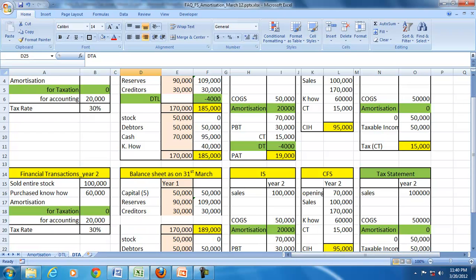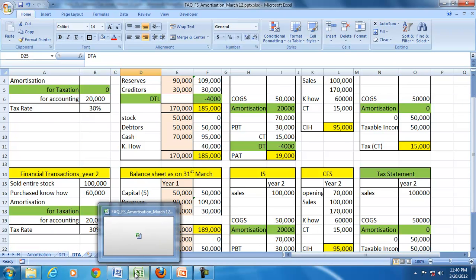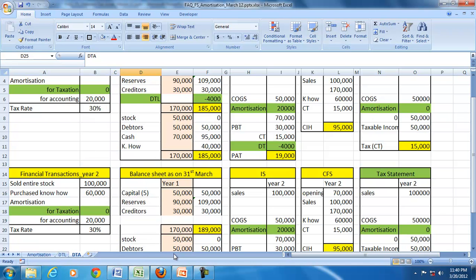So instead of showing DTL and DTA as a separate item, one can also adjust the DTL against DTA or DTA against DTL.